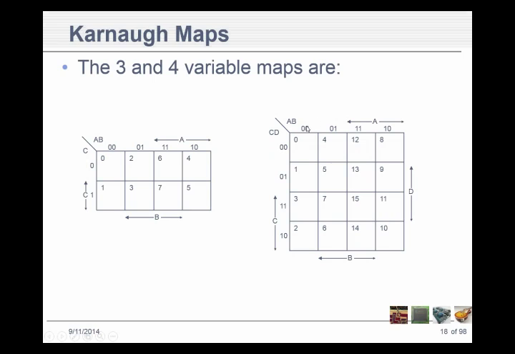So we could start here with A and B as 1. And then we move to the right, and that means that A is 1 and B is 0. And then we move to the right again, and we get 0, 0. And move to the right again, and we'd get 0, 1. I know we can do that because on these Karnaugh maps, this cell is next to this cell, isn't it?